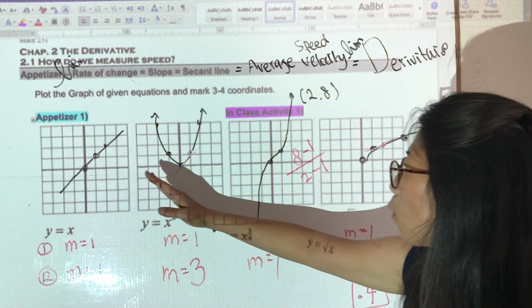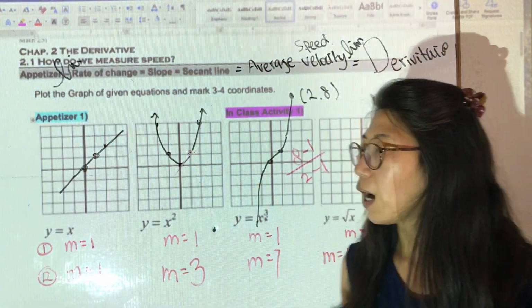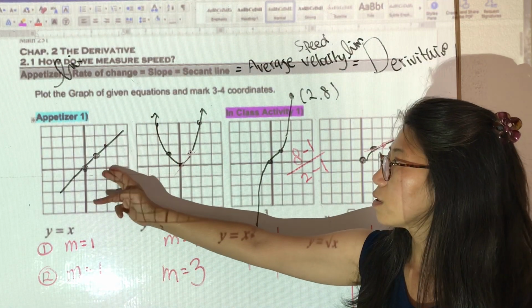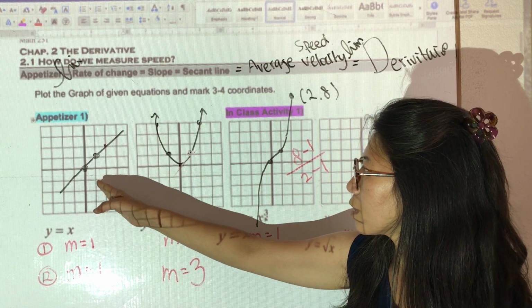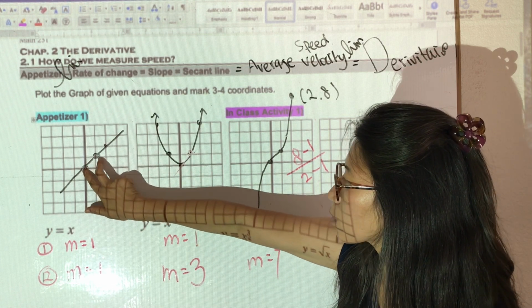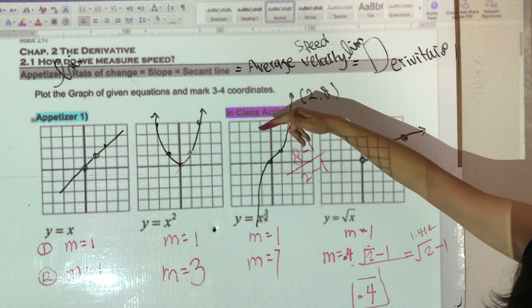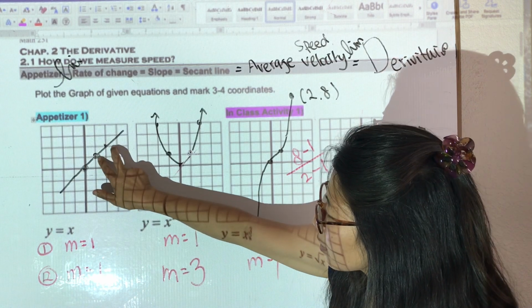So what can I say? As you observe all those 4 graphs, they're all increasing. But how so? This one is in constant speed. That means my speed is constant. Each time my slope is 1, my slope is 1. Or my average velocity is going to be 1 in these 2 segments.